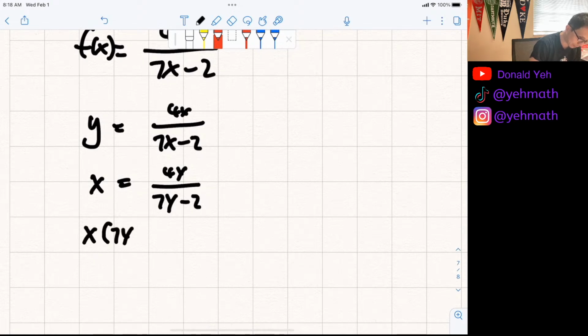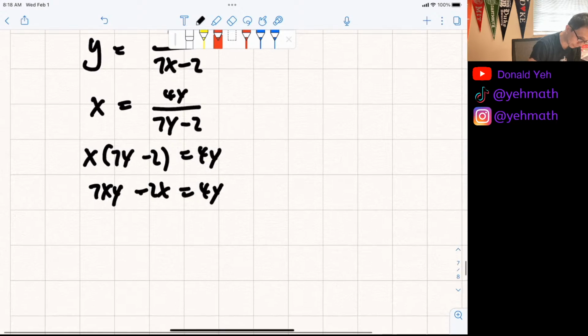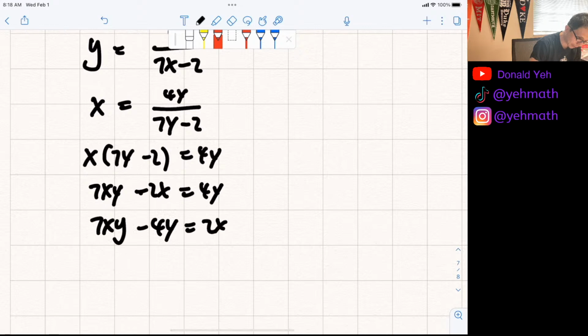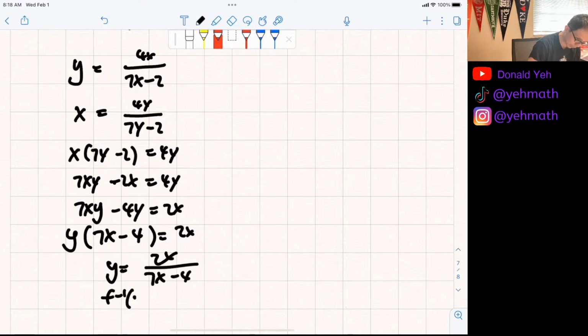X times (7y minus 2) is equal to 4y. 7xy minus 2x equals 4y. 7xy minus 4y equals 2x. Y is equal to 2x over 7x minus 4, which is the inverse of the function.